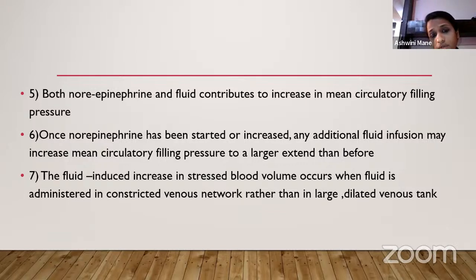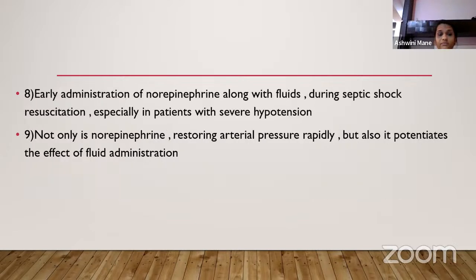Once norepinephrine has been started or increased, any additional fluid infusion may increase the mean circulatory filling pressure to a larger extent than before. The fluid induced increase in the stressed volume occurs when the fluid is administered in a constricted venous network rather than in a large and dilated venous tract.